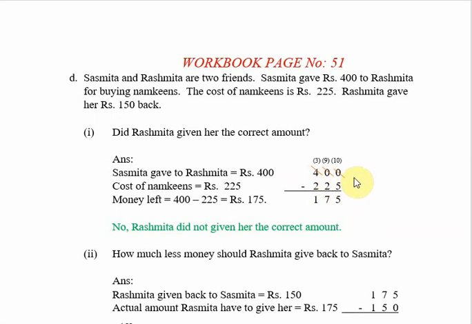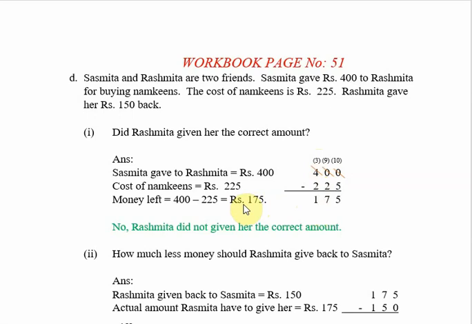As it is 0, we borrowed 1 from here, so we consider this as 10 and borrowed 1 towards there. So 10 minus 1, you will get 9 here. So it will become 9 tens and here it will become 3 hundreds. So 9 minus 2 is 7 and 3 minus 2 is 1. So the actual amount that is left is rupees 175.